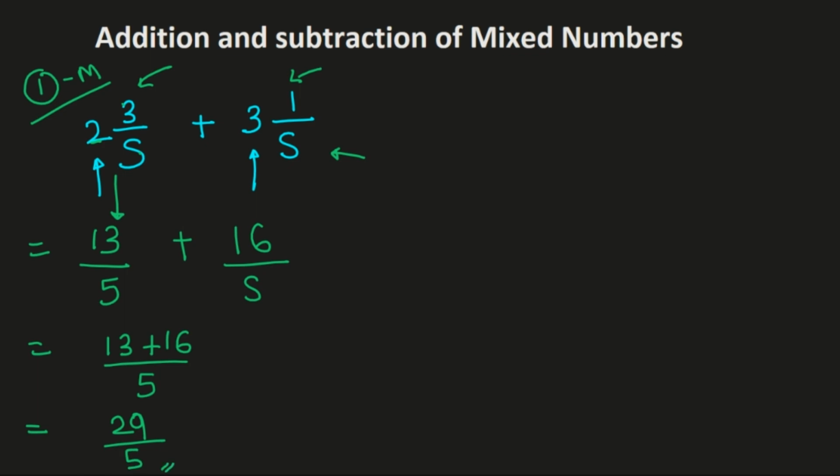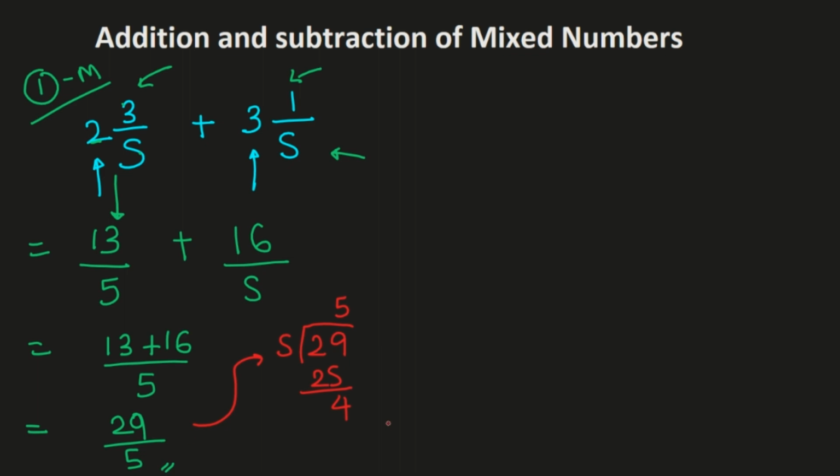So keep in mind, you can convert and keep the answer as a mixed number as well if you want, right? How do you convert this into a mixed number? You can simply divide 29 by 5. The answer is 5 into 5, it's 25. 29 minus 25, it's 4.